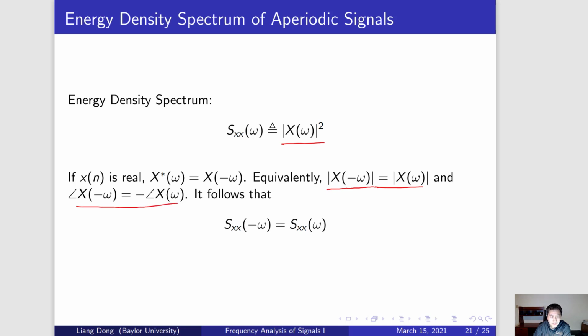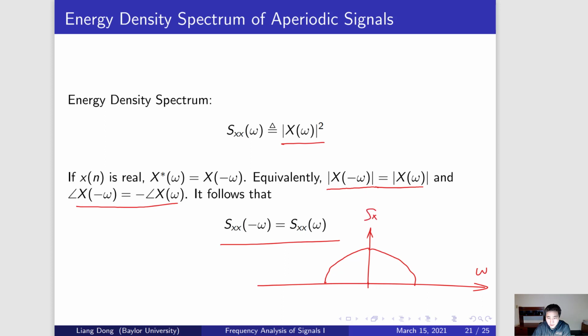It follows that the energy density spectrum is also even symmetric. So if I draw the energy density spectrum on the frequency domain omega, it should be even symmetric around omega equal to 0.